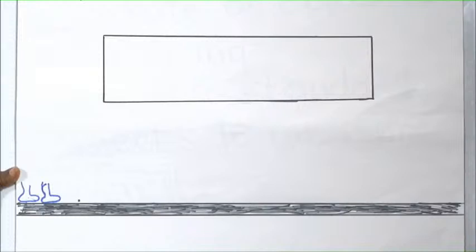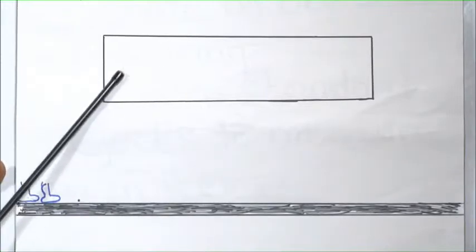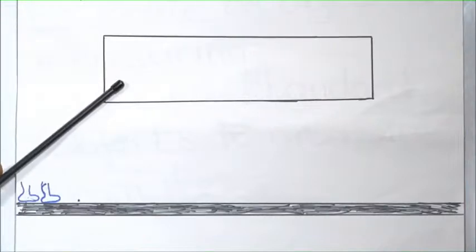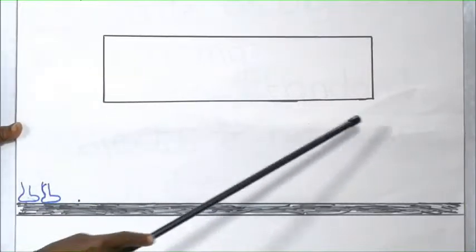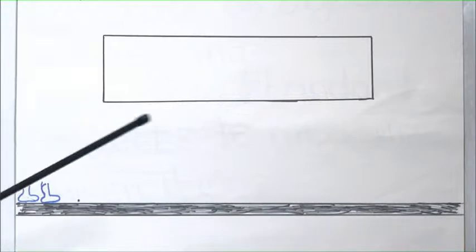Yes. Now, we're going to draw this. You're going to draw your table with your hand span, the number of hand spans that measured the long part of your table.